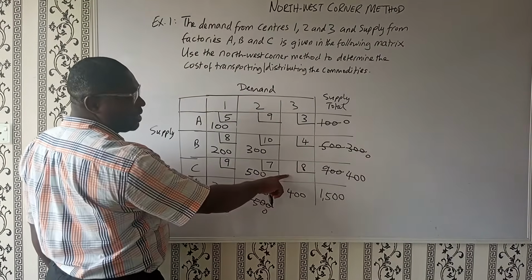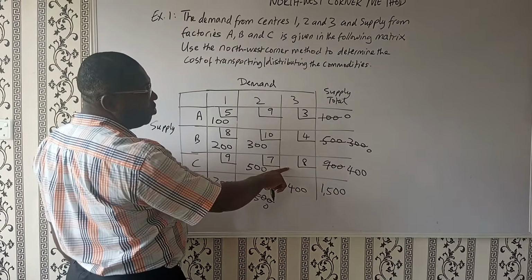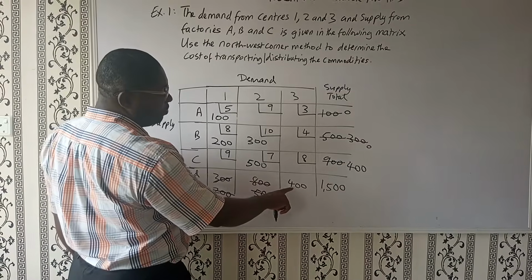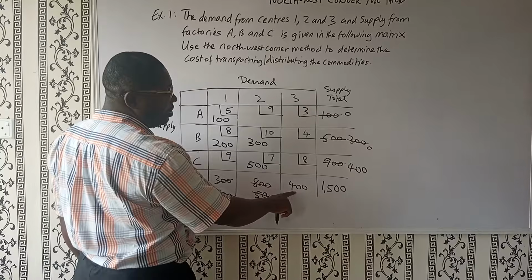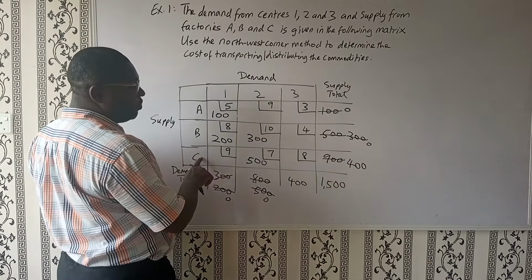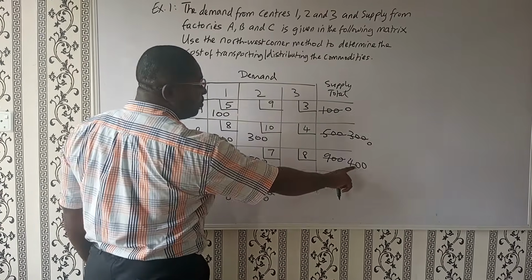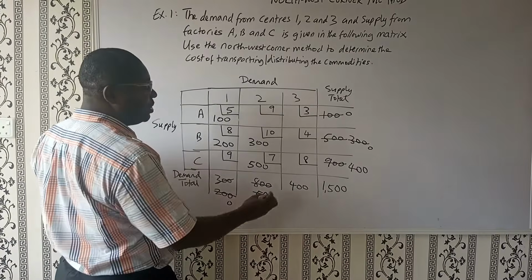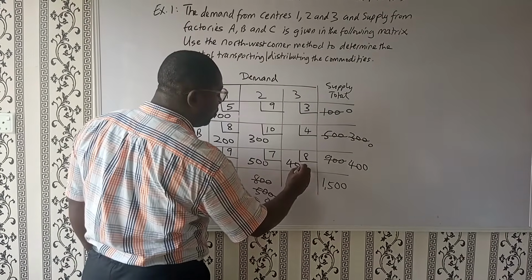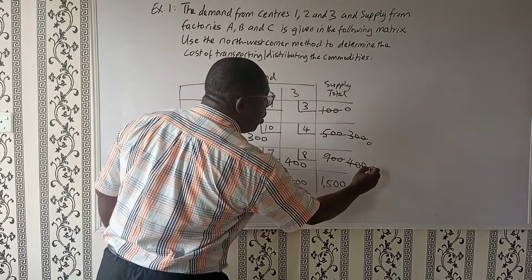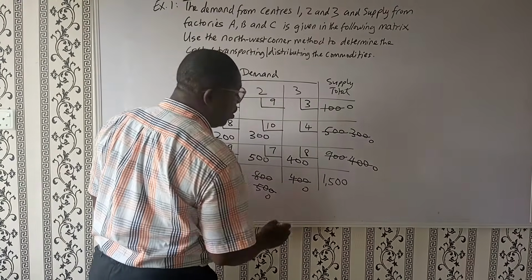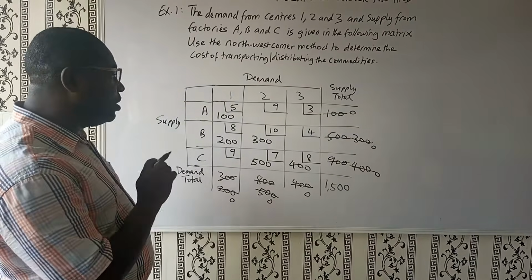Then we move to this last cell. For this last cell, obviously, we have 400 demand from center 3, and we have 400 supplies for factory C. So 400 will come in here. Now we have fully exhausted all the supplies from all the factories into the centers.